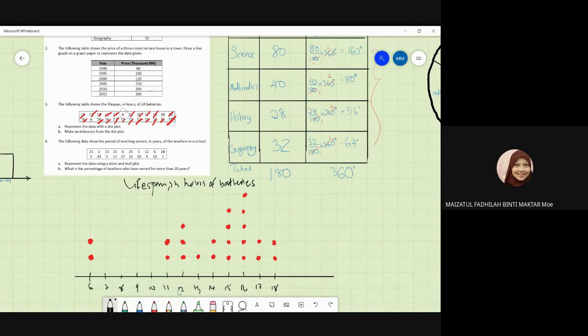You can see 11. They have batteries that can last between 11 and 12, and there are more, among them 14 to 16. Okay, alright, sorry, the last question, I will write the answer and send it to the group.